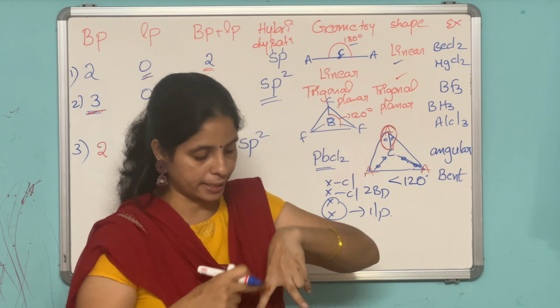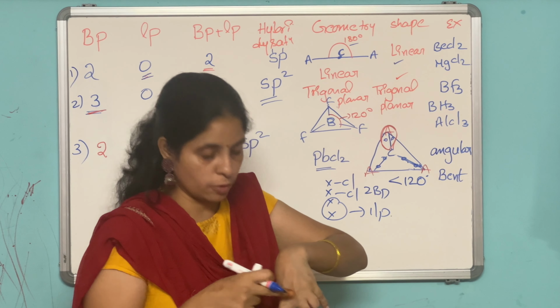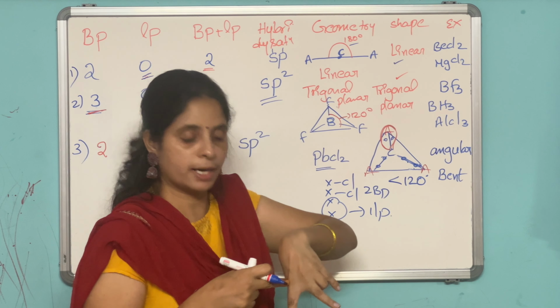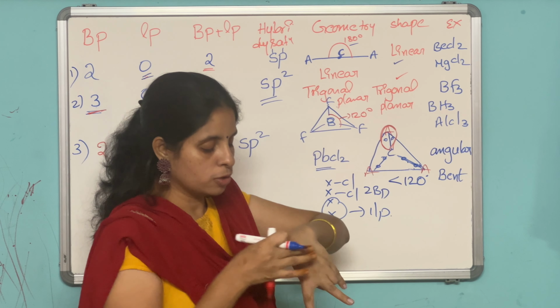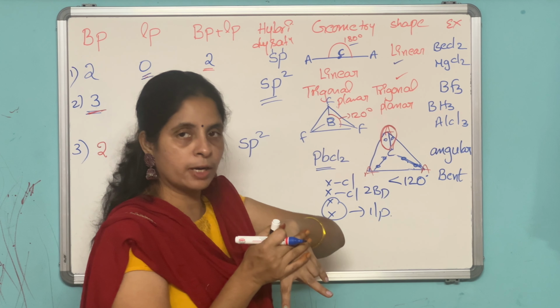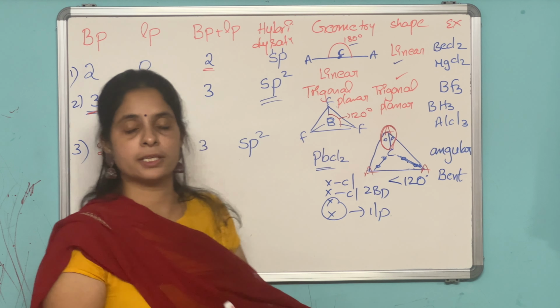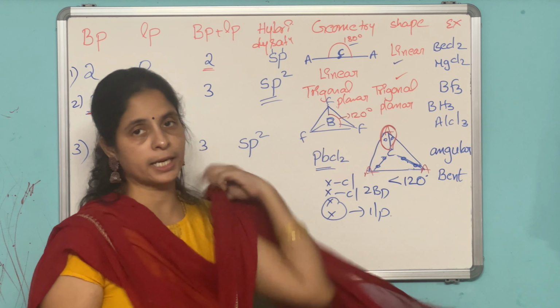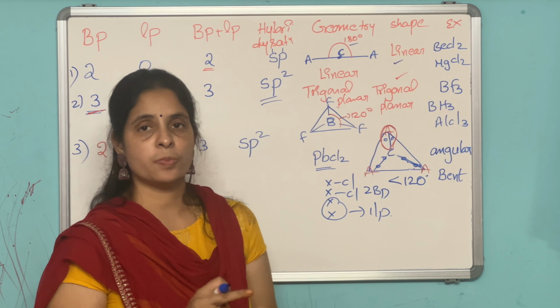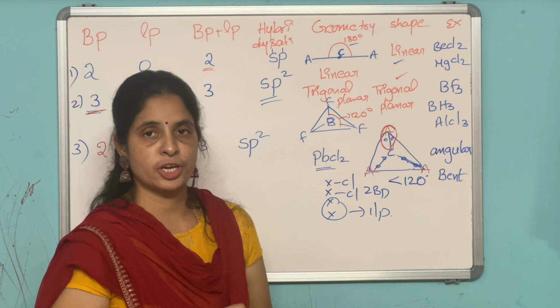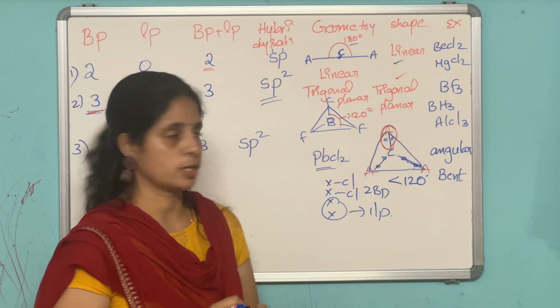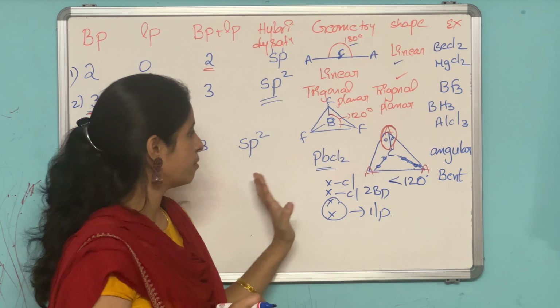Here this will be like this, and you assume this as a lone pair. Okay, trigonal planar with a lone pair. So you will not include the lone pair while predicting the shape. Got the difference between geometry and shape? Geometry means bond pairs plus lone pairs, and shape means bond pairs of electrons only. So this is the example for this one.